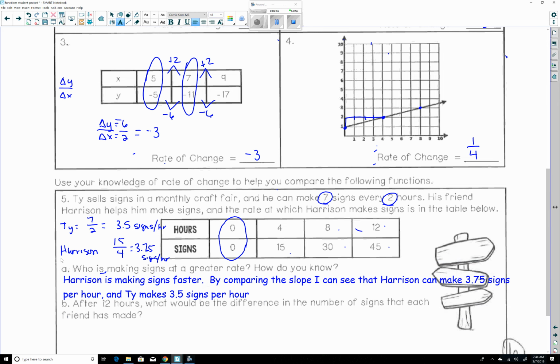Okay, so that's my answer. Harrison is making signs faster. I'm comparing the slopes. I'm always going to compare the slopes to see which one has a faster rate.